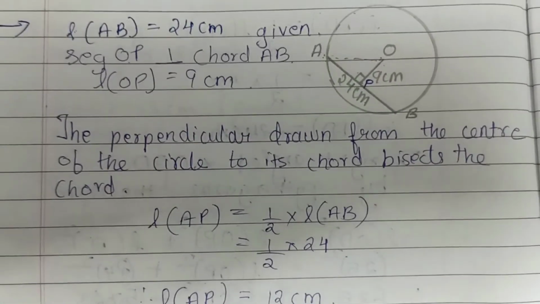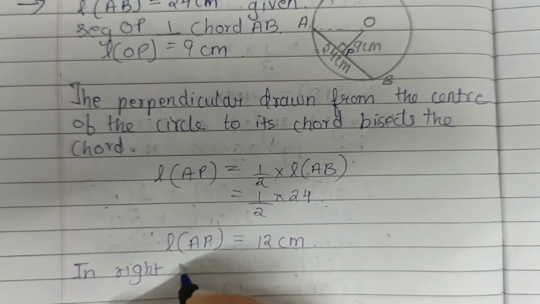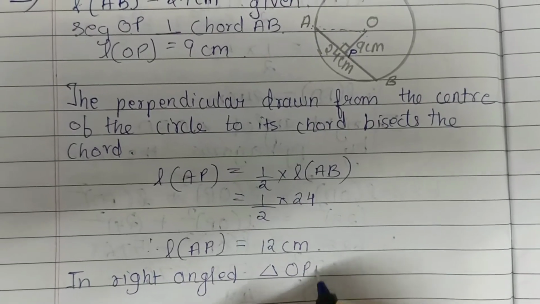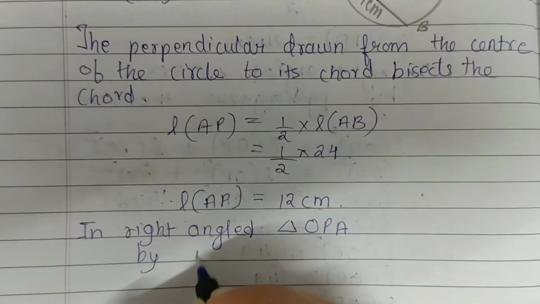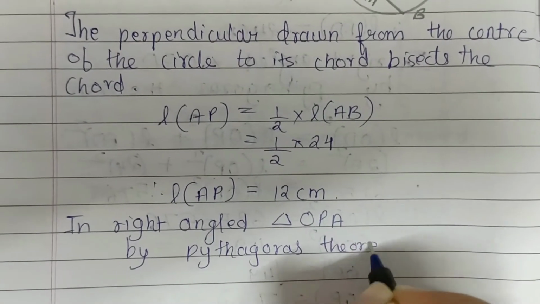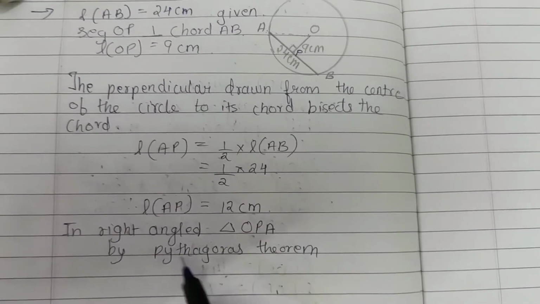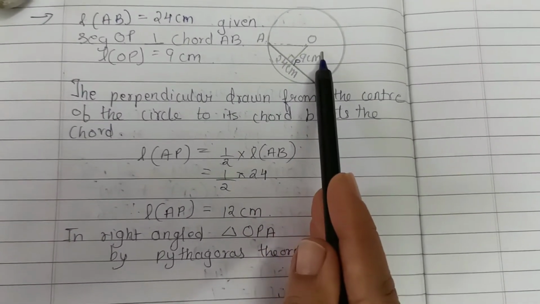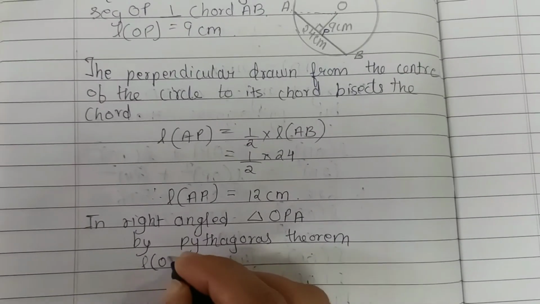So in right angle triangle OPA, by Pythagoras theorem, since it is a right angle triangle and OA is the hypotenuse, we'll get the length of OA.